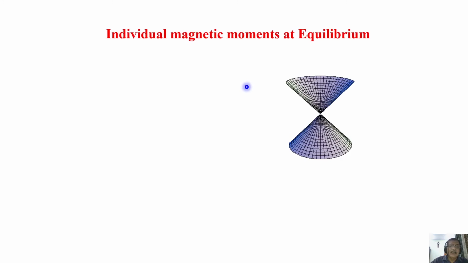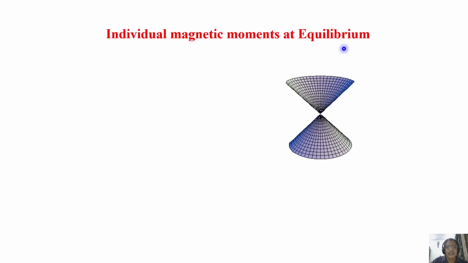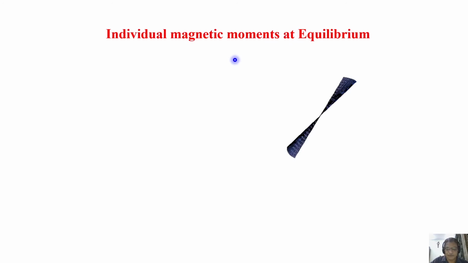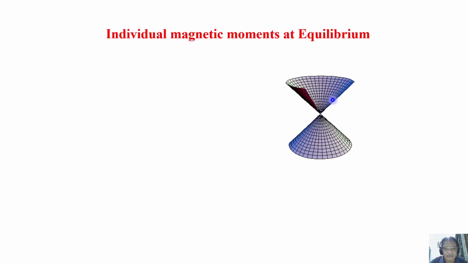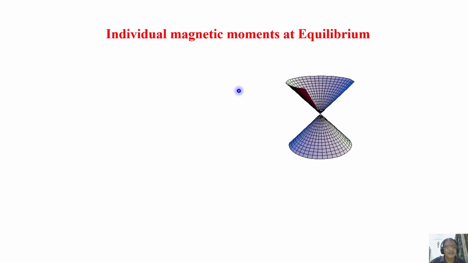Let us consider individual magnetic moments at equilibrium. Magnetic moments means individual nuclear spins. Look at them. We have discussed it many times. They are all aligned in two possible orientations for spin half nuclei, a restricted orientation in the direction of the field, and in the direction opposite to that of the field. And in an external magnetic field, they undergo Larmor precession.